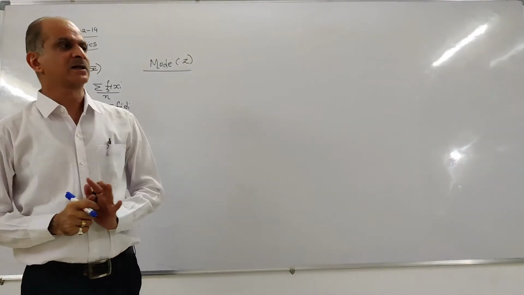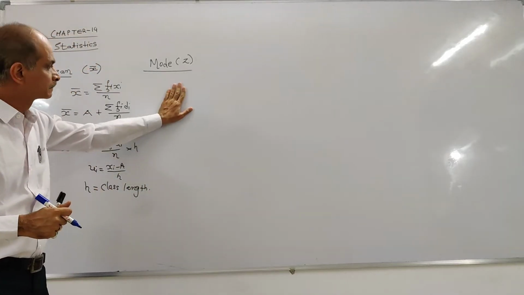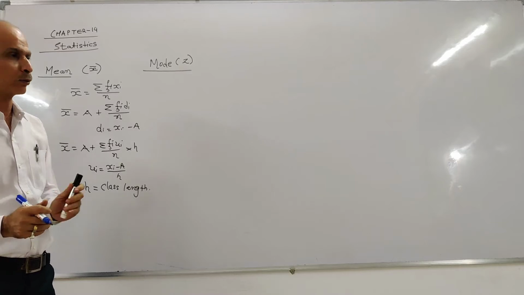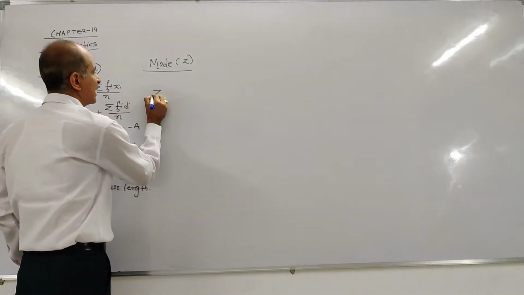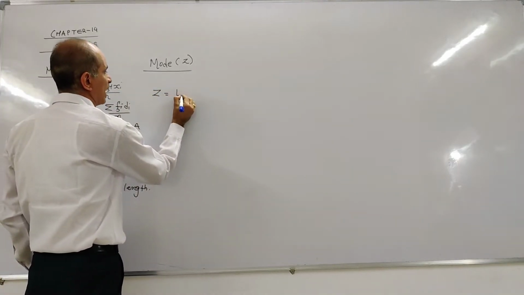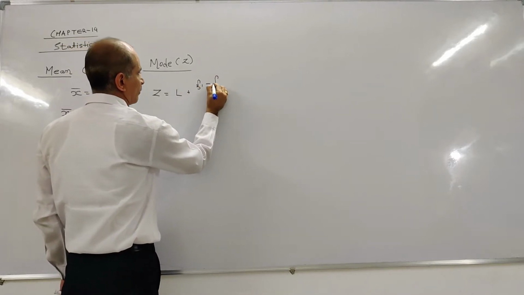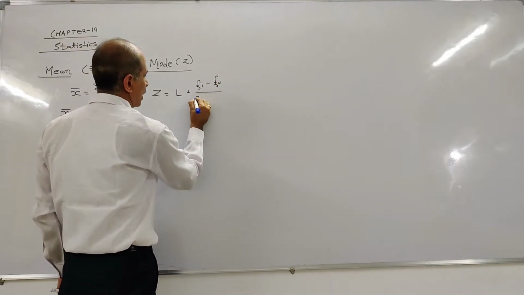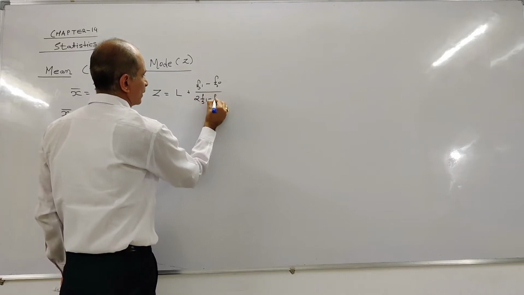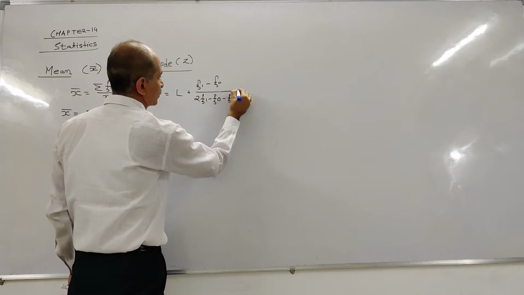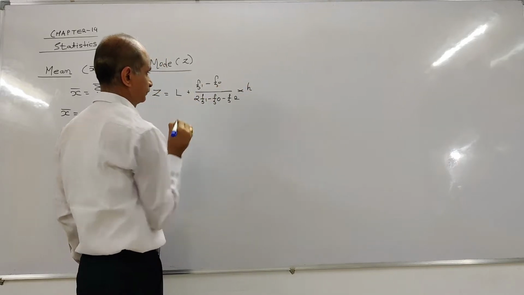In the last 3 periods we have discussed how to find the mode of grouped data. So Z is equal to L plus f1 minus f0 upon 2f1 minus f0 minus f2 into h.